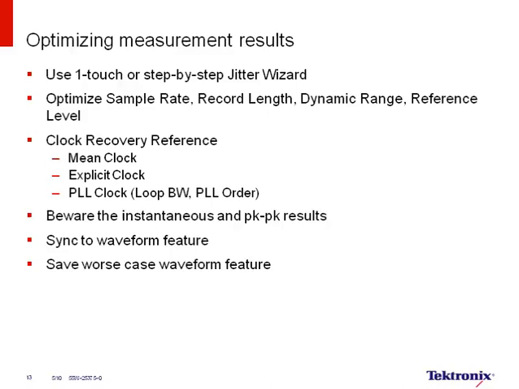In a forwarded clock system where the clock is available, you should use the explicit clock to trigger the signal. But for most high-speed recovered clock systems, you need to use what's known as PLL clock and set the loop bandwidth and the PLL order to be able to get the right eye opening.